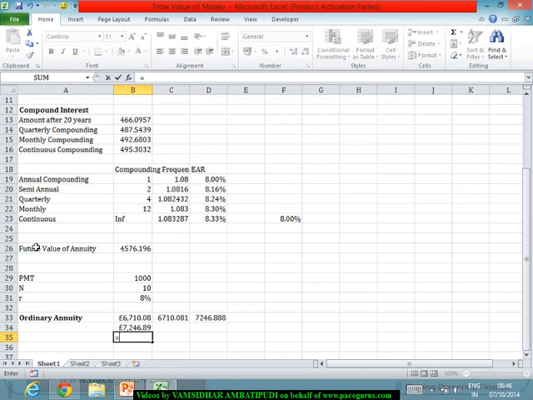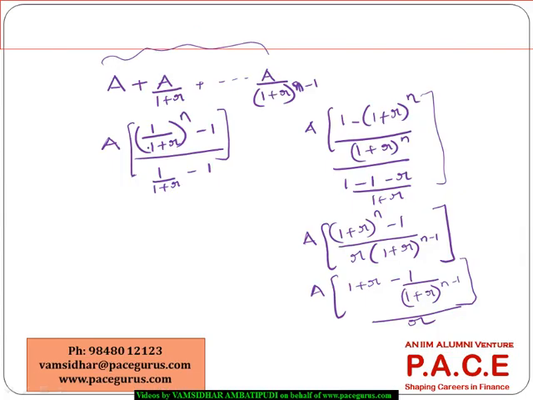Or in another way, if I am dividing this annuity due by 1 plus r, the present value of annuity due is equal to present value of ordinary annuity multiplied by 1 plus r, or present value of ordinary annuity equals present value of annuity due divided by 1 plus r.